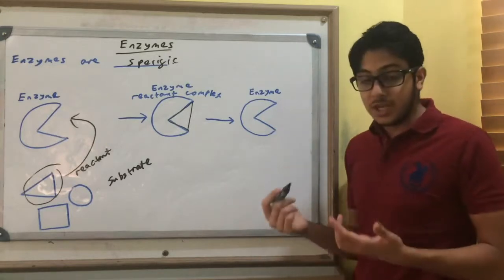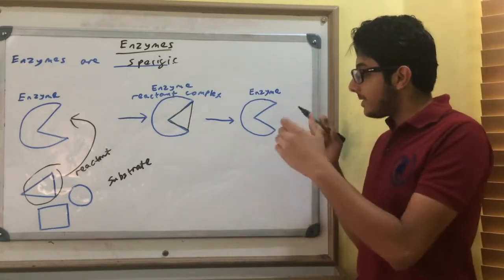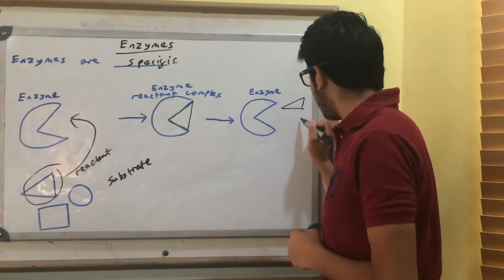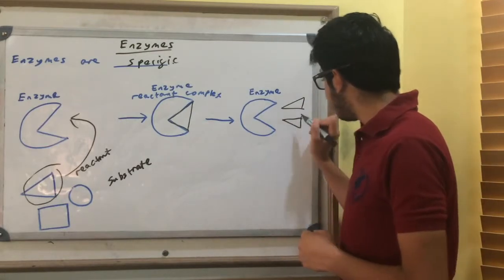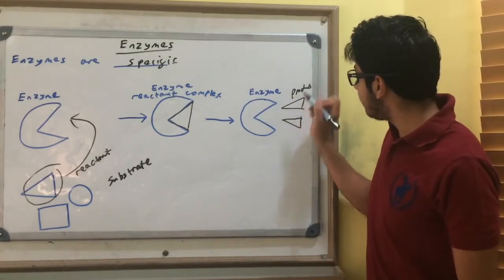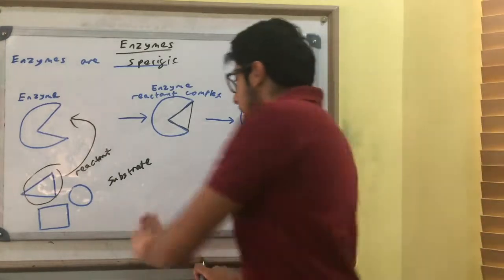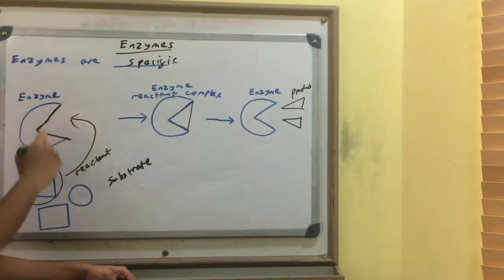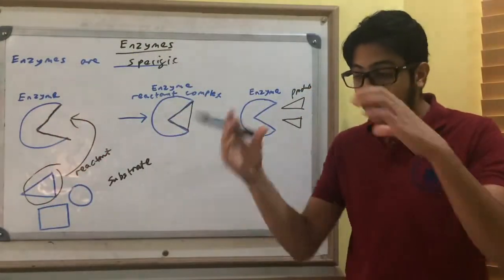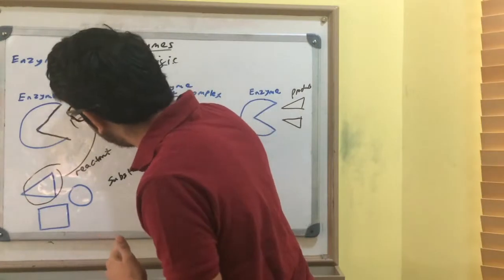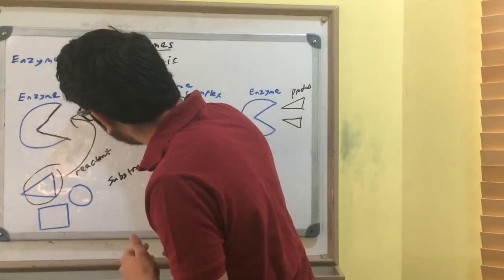And in the case of digestion, the enzyme breaks down the molecule, and then, of course, the products are released. Here we have the products. Okay, so here, the place where the substrate and the enzyme will bind is called the active site.